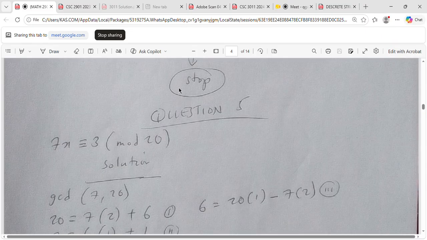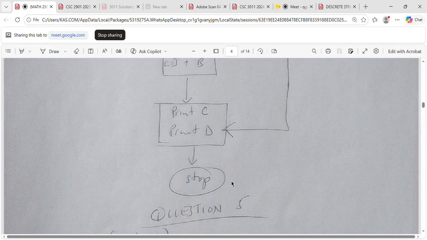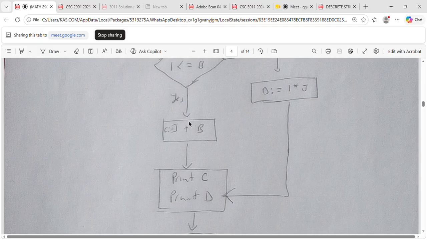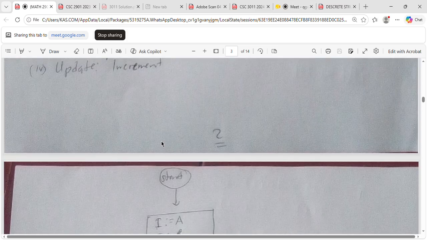So you can say after this, i plus plus, then you get back, until this condition becomes false. In fact, you can come up with really anything. I think that's quite important to establish. Please get the concept. Try by all means to come up with your own flowchart if such a question came.